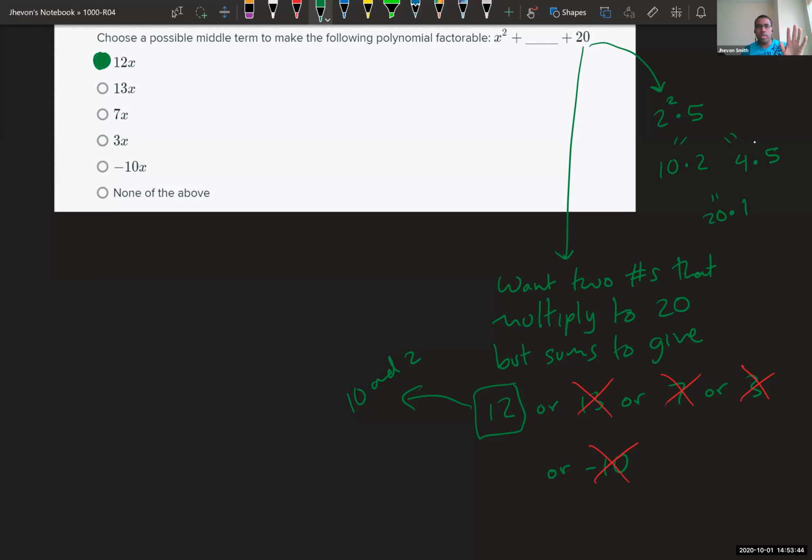I can multiply the 2s and leave the 5, that's the 4 times the 5. I can multiply the 5 and a 2 and leave a 2, that's the 10 times the 2. I can multiply the 5 times the 4 and get the 20 and leave a factor of 1. So these were really the options, and with those numbers, 10 and 2, 4 and 5, 20 and 1, the only one that was possible here was the 12, right?